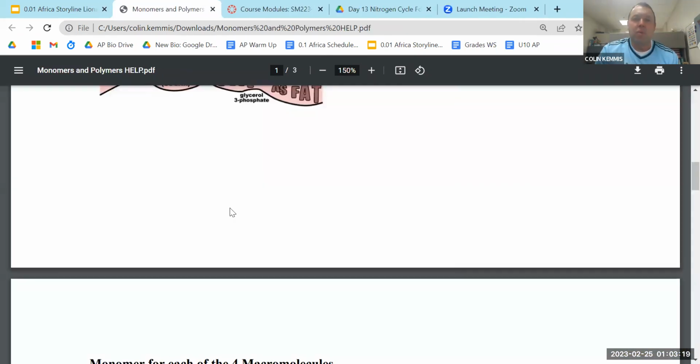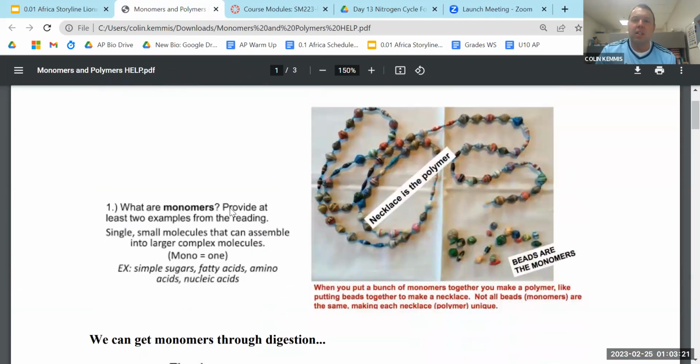And a little help for our monomers versus polymers. Here's kind of an analogy that we used to use in regular bio. The monomer, the single unit, is like beads. It's a single repeating unit. And then the polymer, poly means three or more. The necklace is like beads on a string.